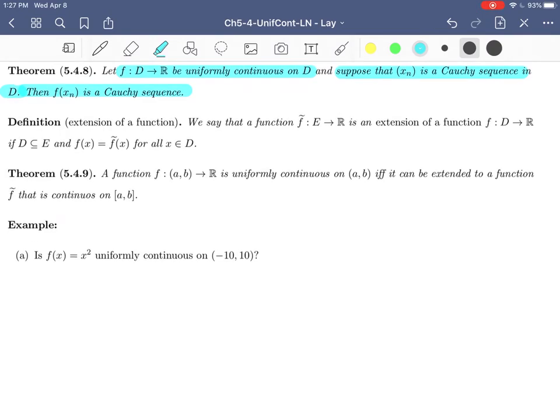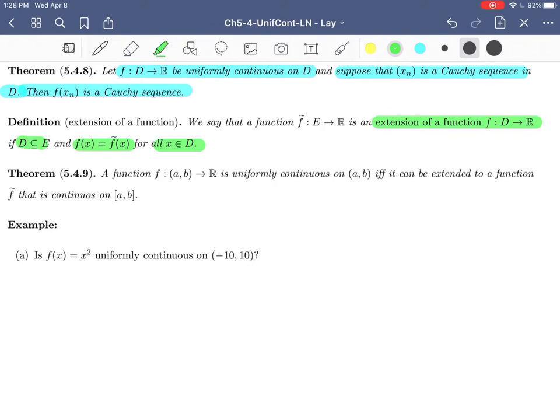Next, let's take a look at something called the extension of a function. So we say that a function f tilde that has a domain E and codomain of real numbers is an extension of a function with domain D if that domain D is a subset of the domain E and f of x is equal to f tilde of x for every value in that domain D. Right?